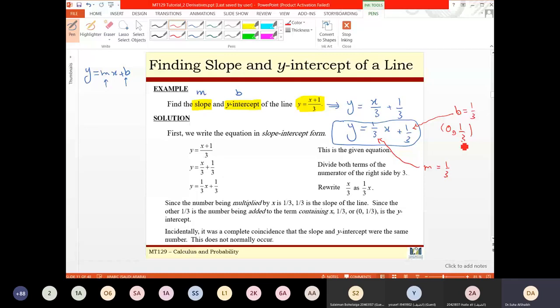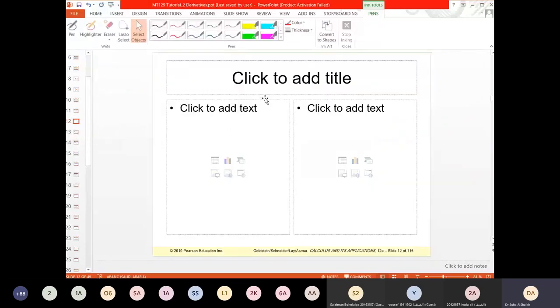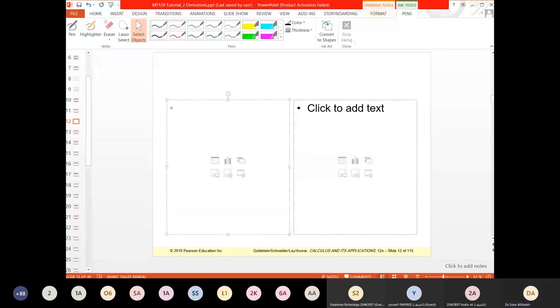Let me give one more example. One quick example in here. I'm giving another example, of course.